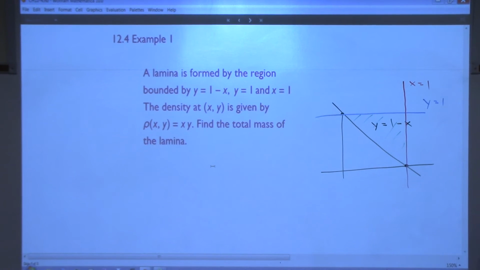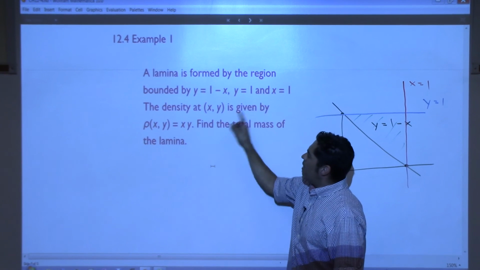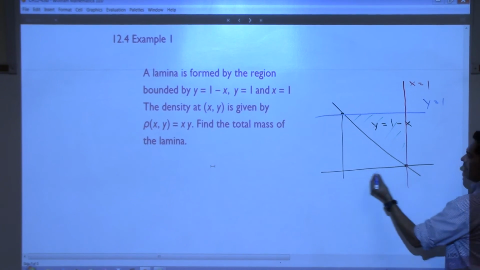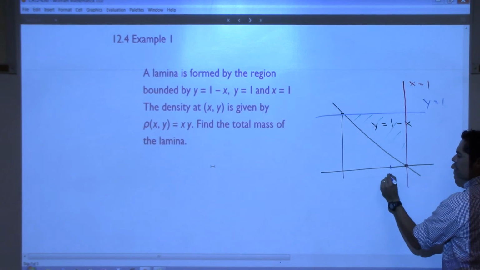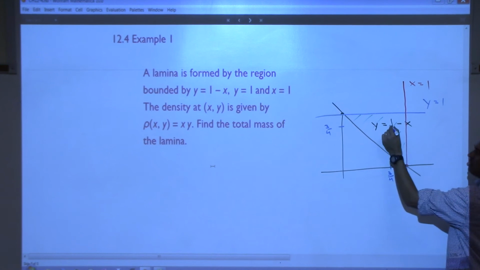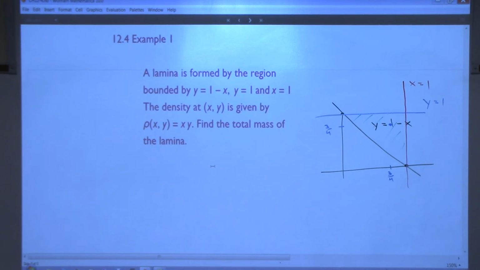Okay. The density at a point in that lamina is x times y. So if I pick the point 3/4, 3/4, that point lives in there, doesn't it? What's the density of the lamina at that point? It's the x times the y, right?